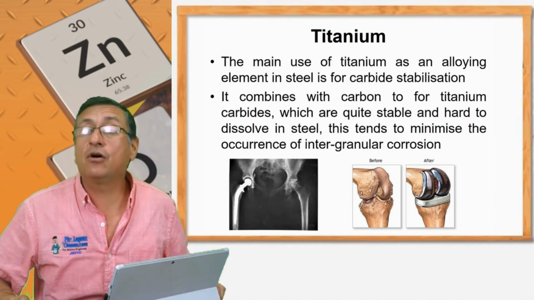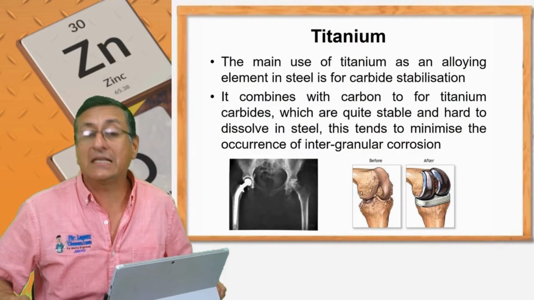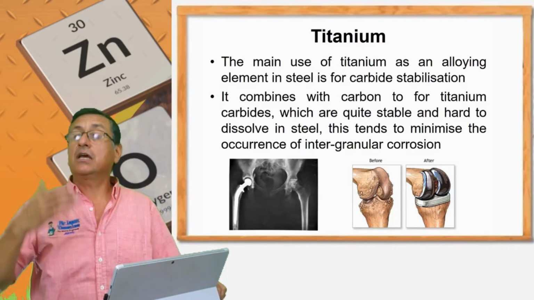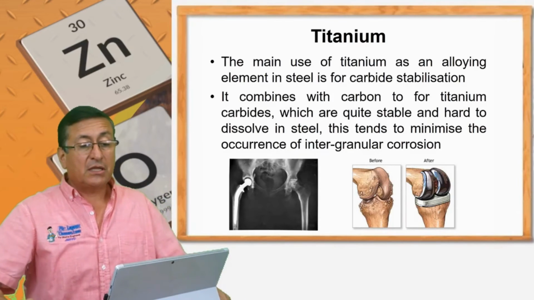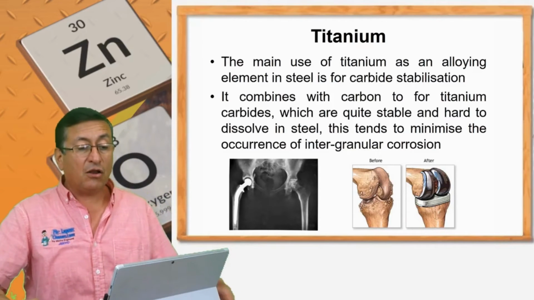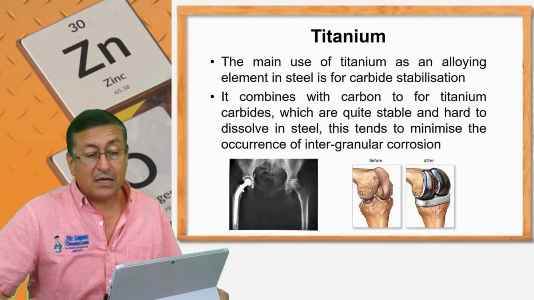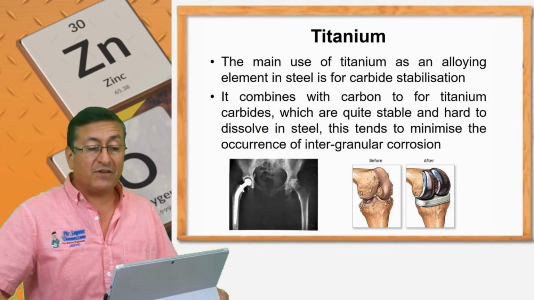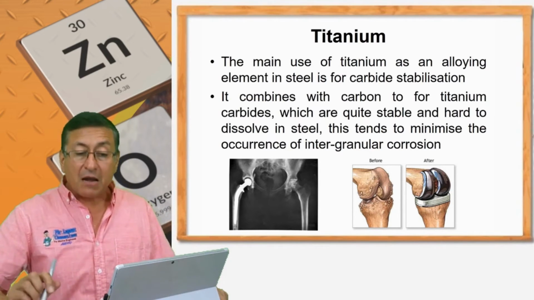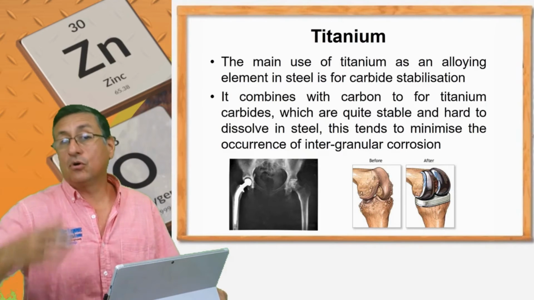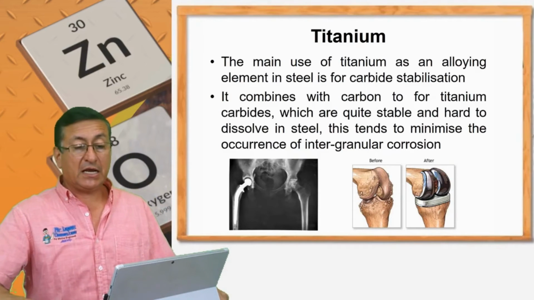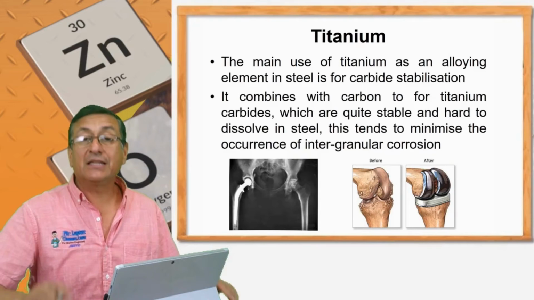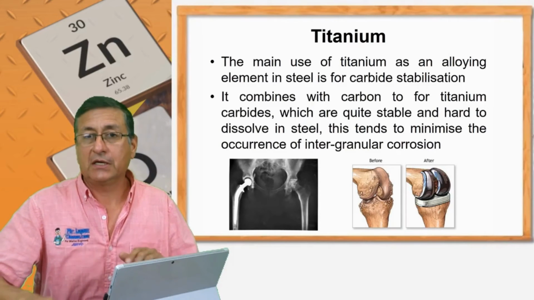The steels alloyed with a high level of titanium are used in surgical situations. The main use of titanium as an alloy element in steel is for carbide stabilization. It combines with carbon and minimizes the intergranular corrosion.